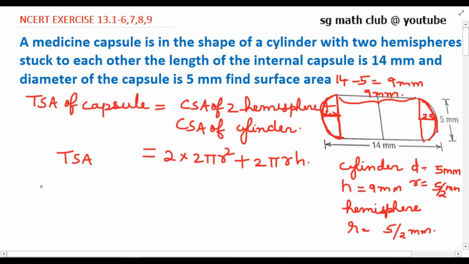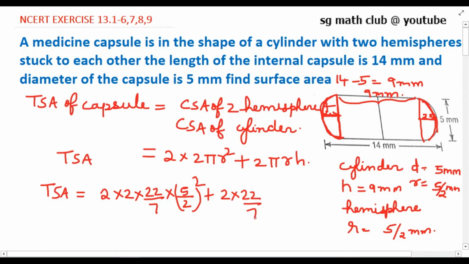Now we can substitute in this formula. TSA is equal to 2 into 22 by 7 into r square. R square is 5 by 2 the whole square, plus 2 into 22 by 7 into radius is 5 by 2 and height is 9.